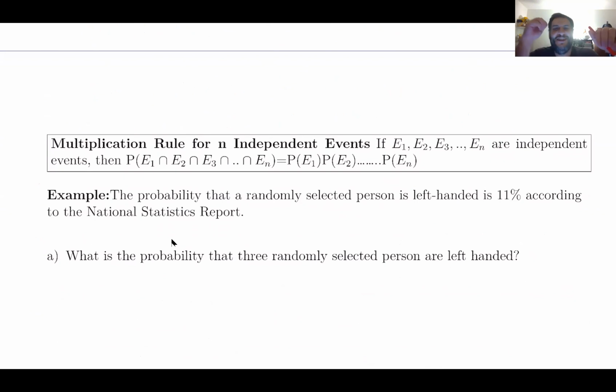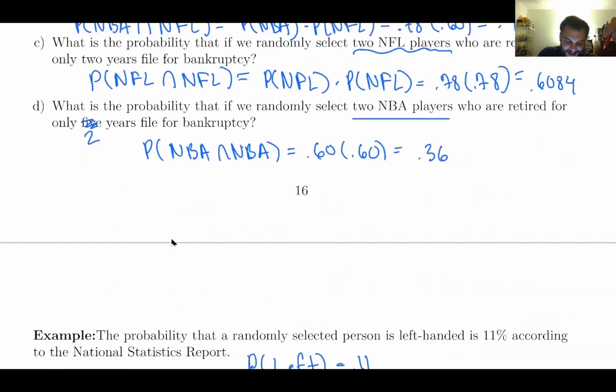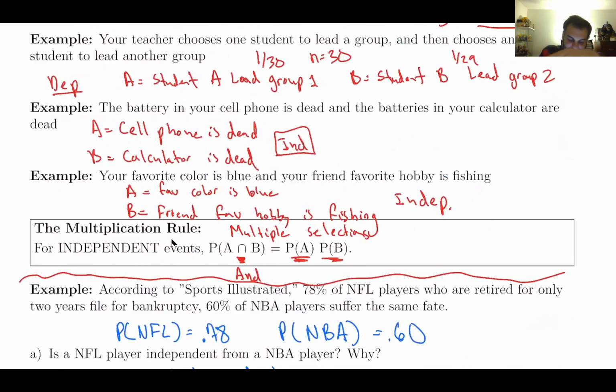All right. So for the next part, we're going to expand on our formula. If you remember our regular formula, it was for 2 random selections.